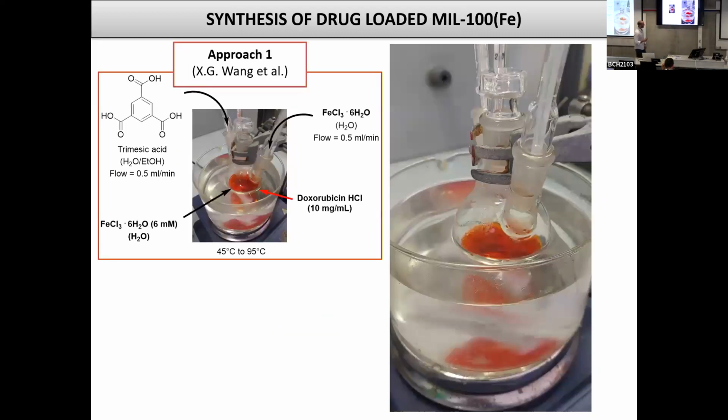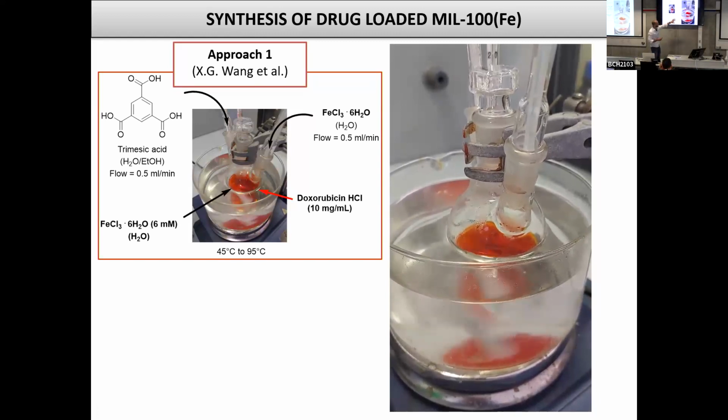And we started the synthesis of the material with in situ encapsulation of doxorubicin. Before this synthesis, I thought, why has no one tried to do in situ encapsulation of doxorubicin? Then I started the synthesis.